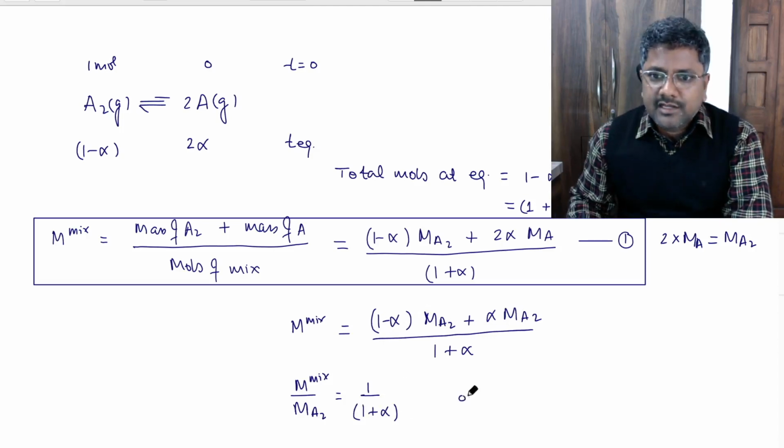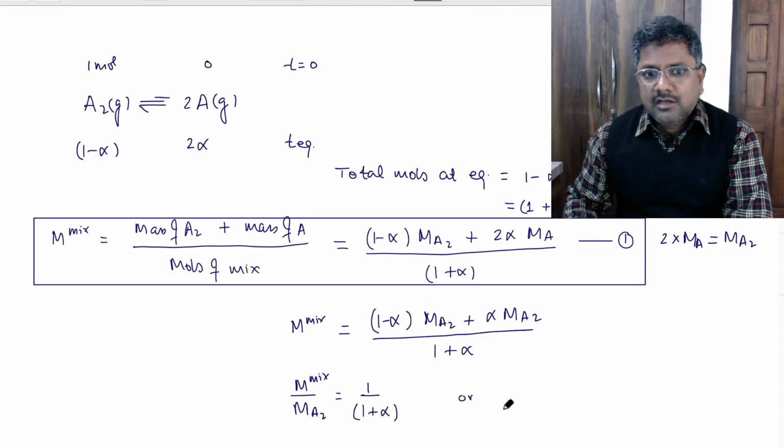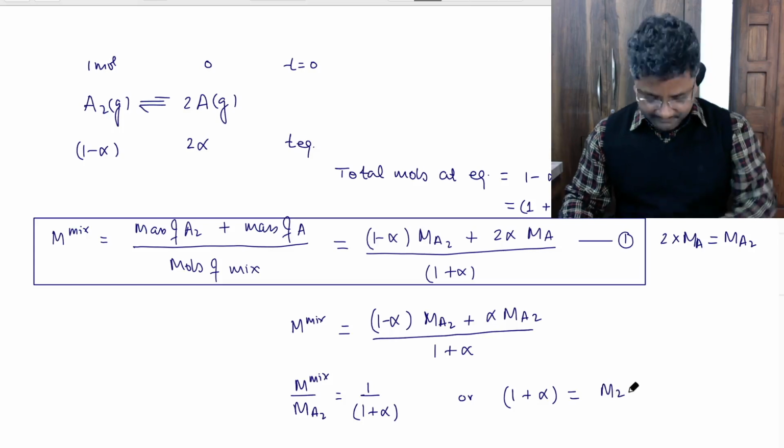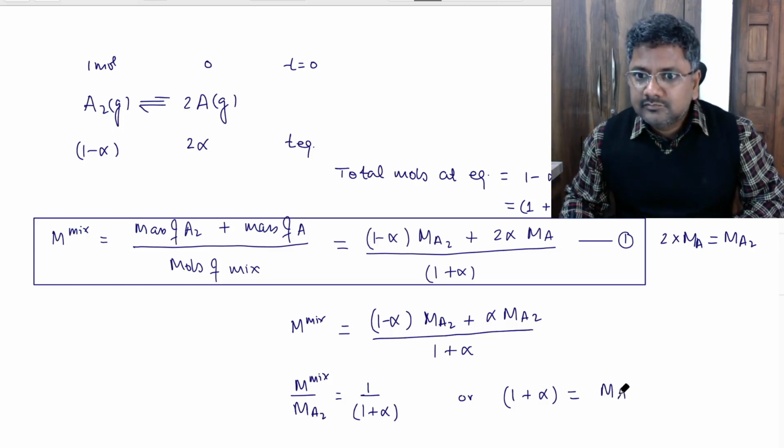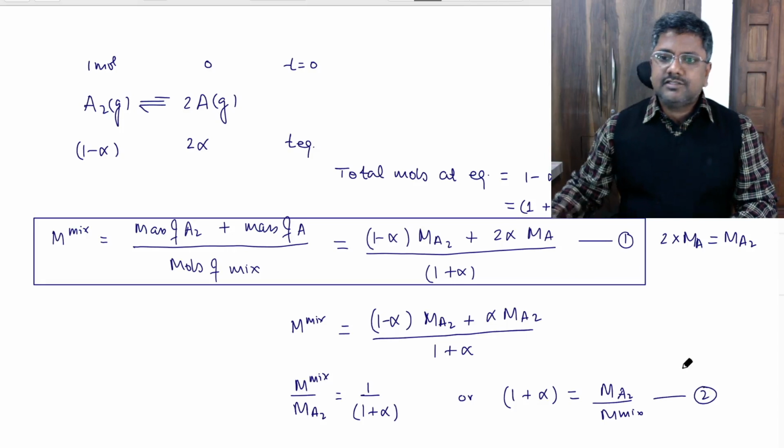So we can write 1 plus alpha is equal to molar mass of A2 by molar mass of mixture. So this is equation 2, right?